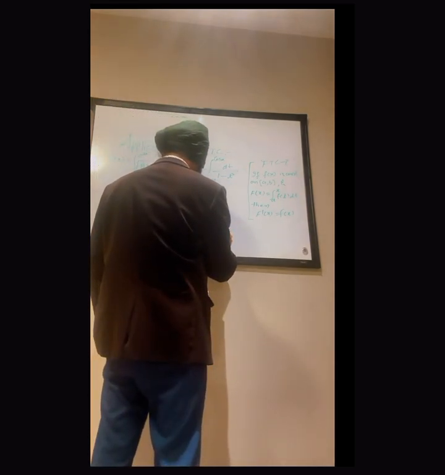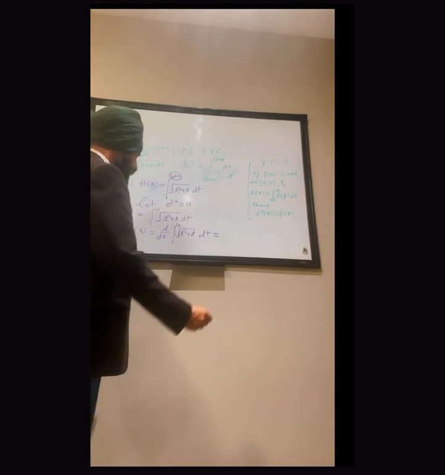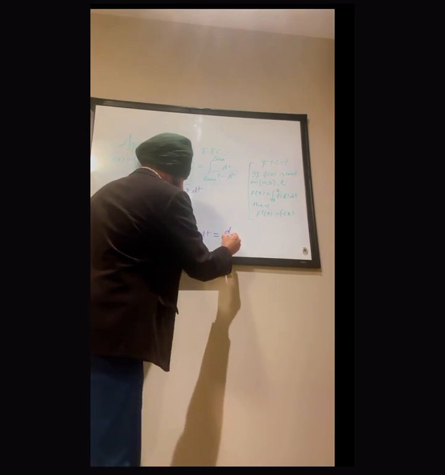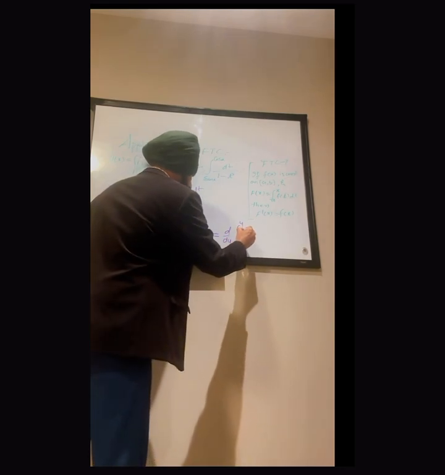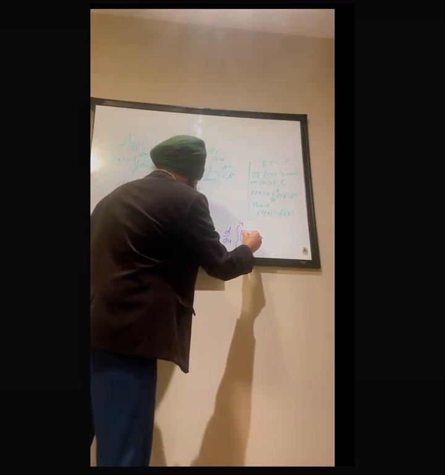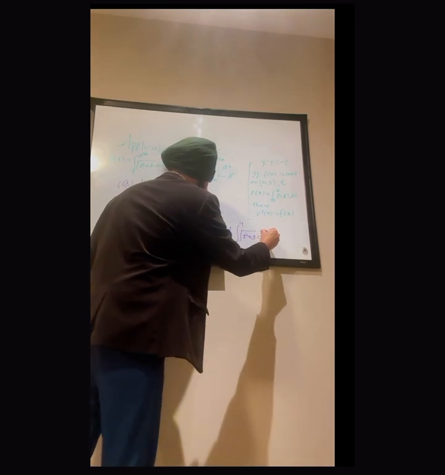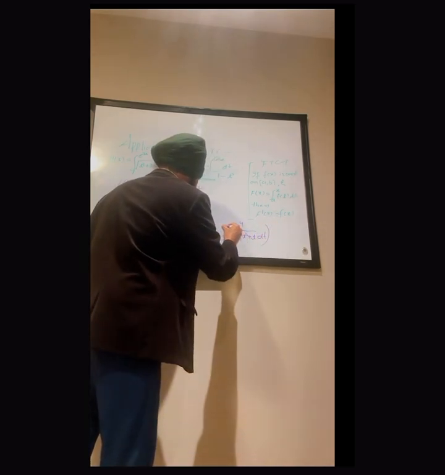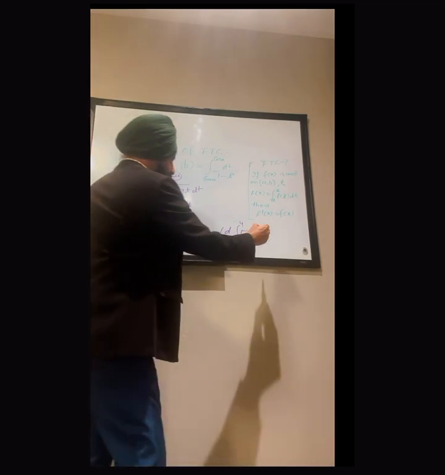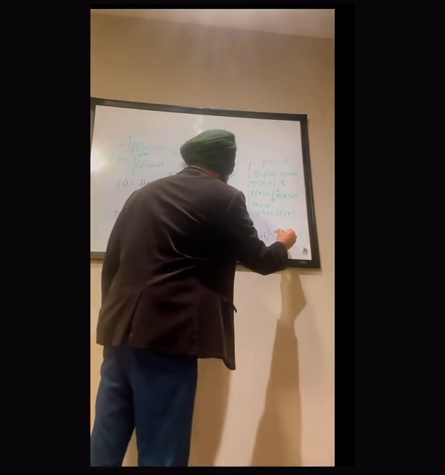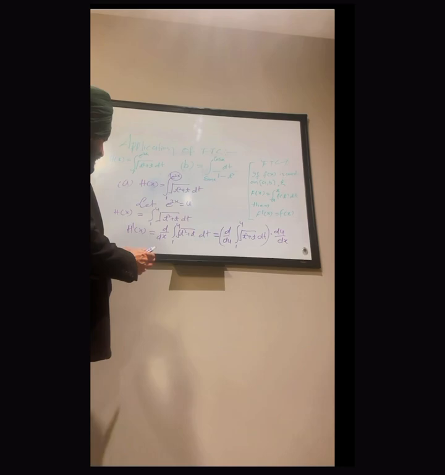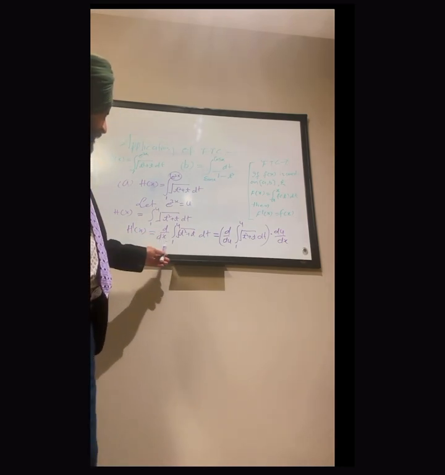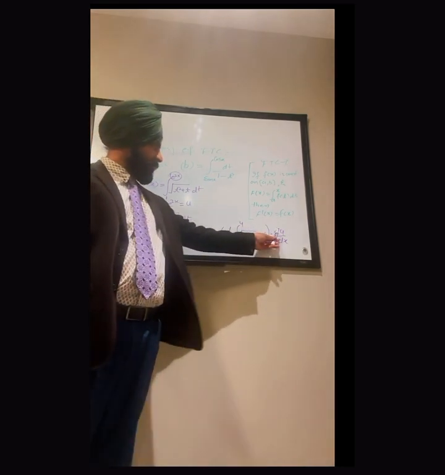This will be equal to d/du of the integral from 1 to u of square root of t squared plus t dt, into the derivative of u, du by dx. We write d/dx as d/du into du/dx.